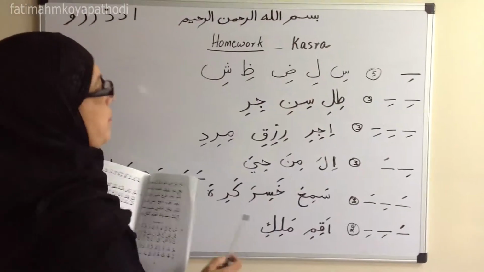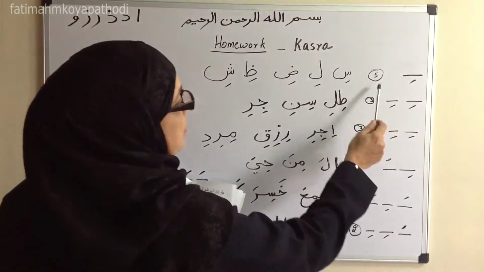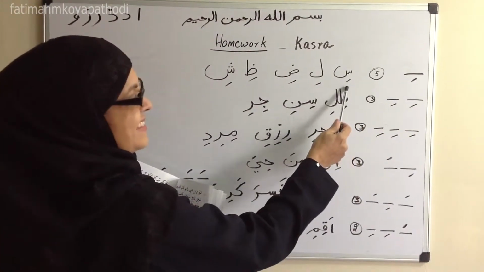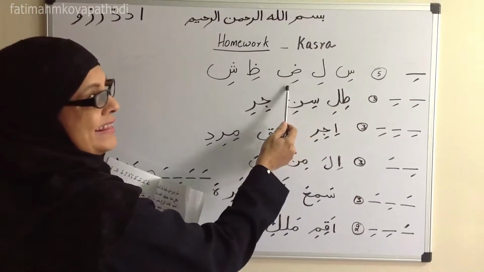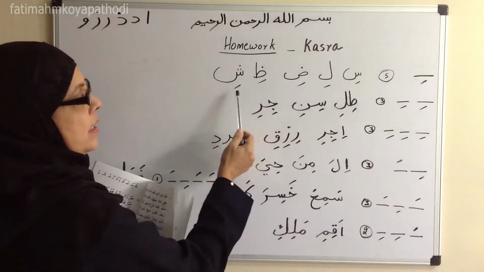For kasra, one kasra sound, 5 examples: si, li, di, li, she.